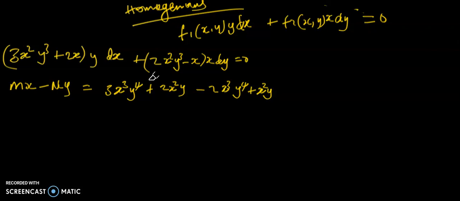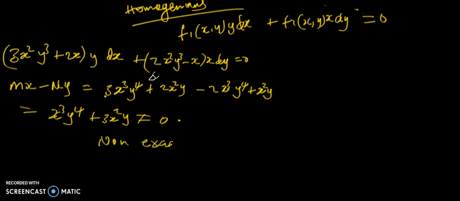So this is what we have, and if we subtract this with this, we will simply have x cubed y power 4 plus 3x squared y, because 3 minus 2 leaves us with x cubed y power 4, and this is not equal to 0. So equation 1 therefore means that it is non-exact. So we can say that equation number 1 is reducible to exact.